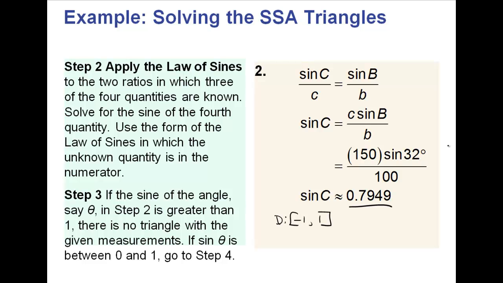So if this number here, I'll highlight it, was bigger than 1, it's basically asking an impossible thing. There's no solution. So there is no angle, there is no triangle. But because it's in our range, it's good to go, and we can move on and actually solve for it. The only reason they say it has to be between 0 and 1 is because you're not going to find a negative distance.